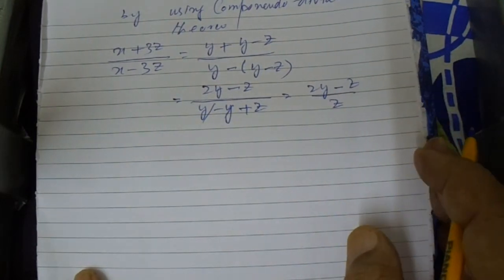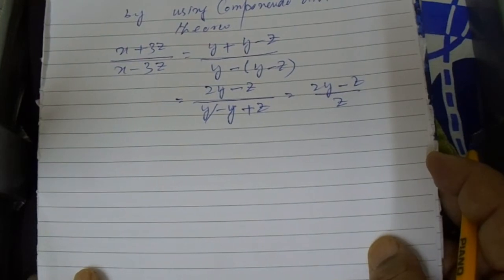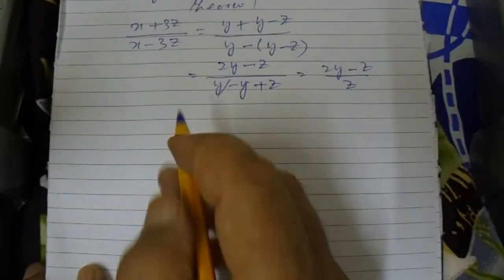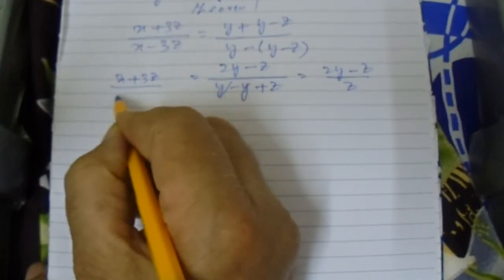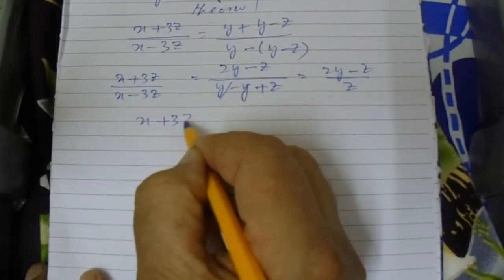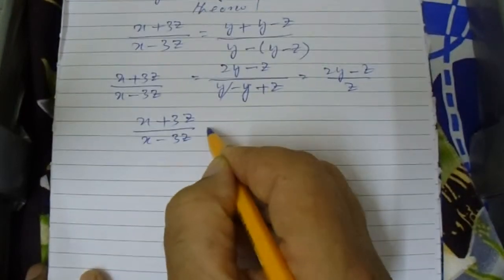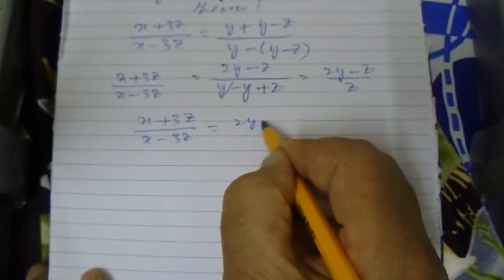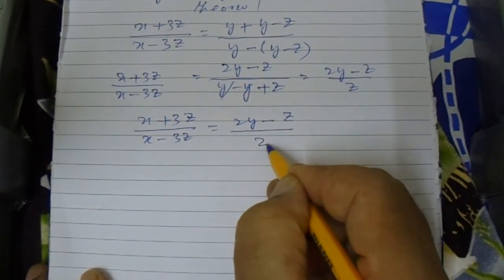So we write again x plus 3z over x minus 3z is equal to 2y minus z over z.